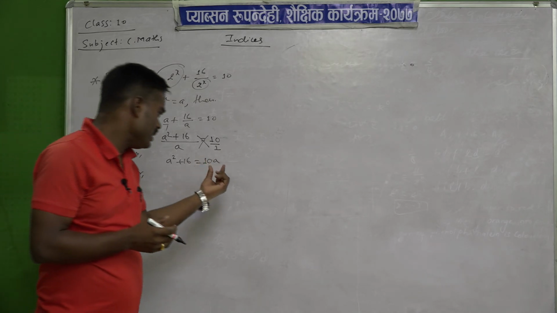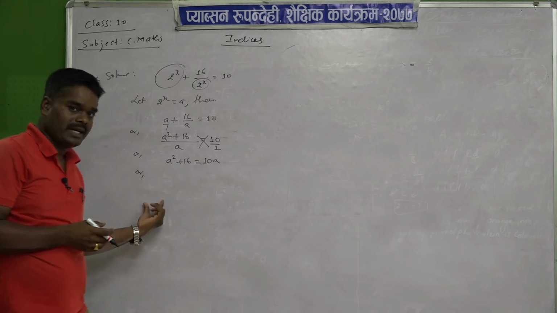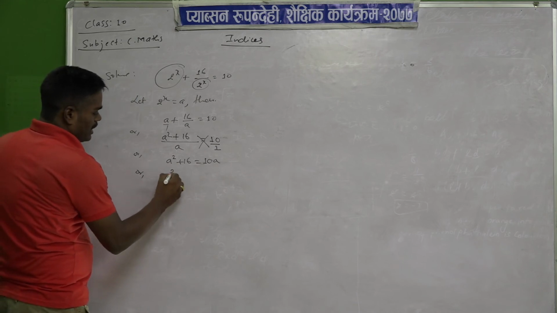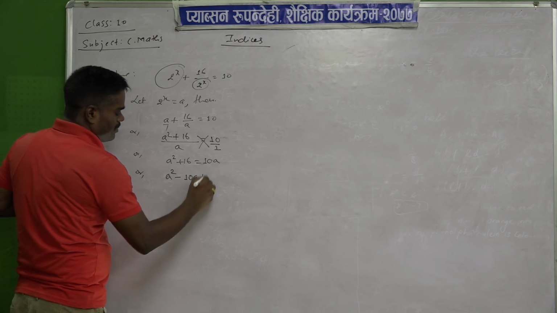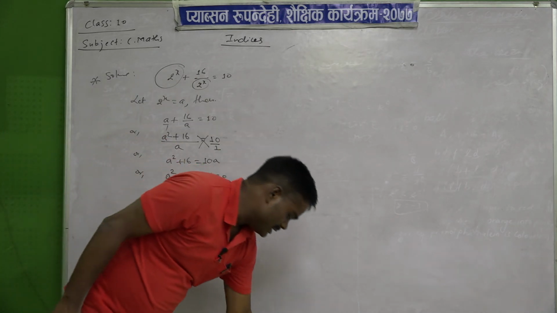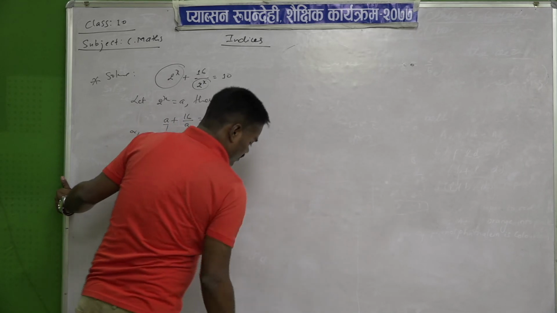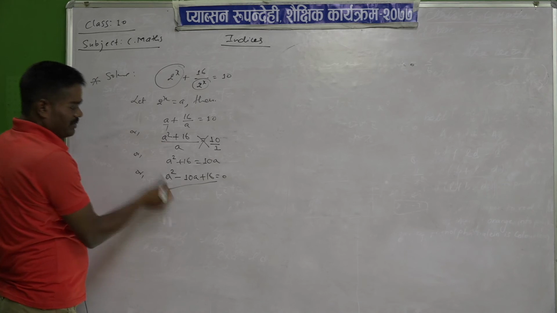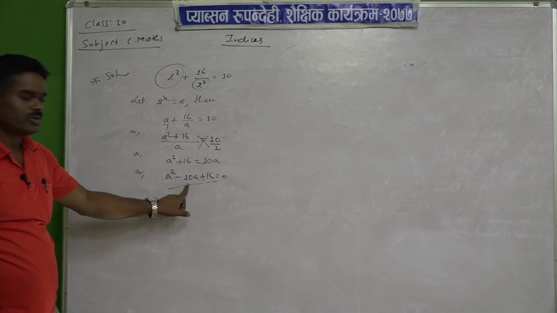That's why whatever is on the right hand side we have to completely transpose to the left hand side, and the right hand side must be 0. So here a square minus 10a plus 16. You have to arrange in an order, either ascending or descending. Then again we have to find the factors of this. 16 is 1 into 16, 4 into 4, 8 into 2. By adding, how much should we get? 10.